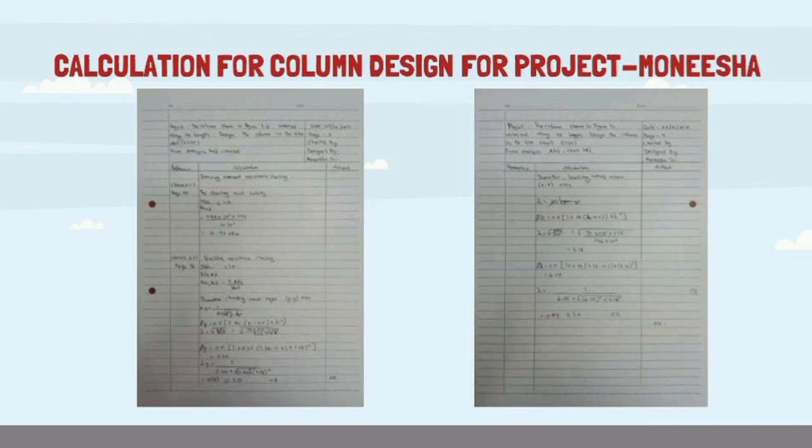Therefore, buckling curves minor equals X minus X axis.